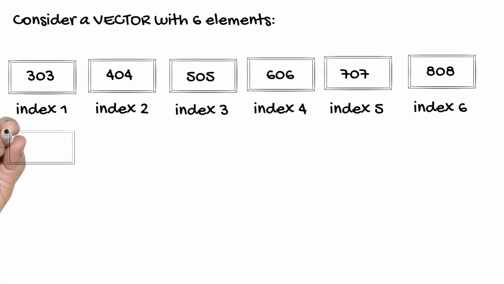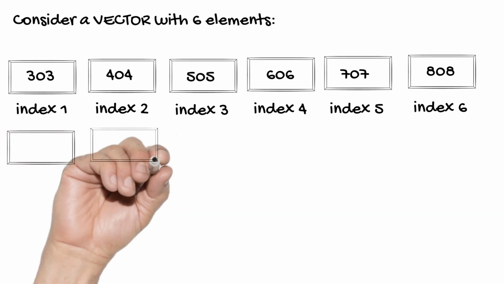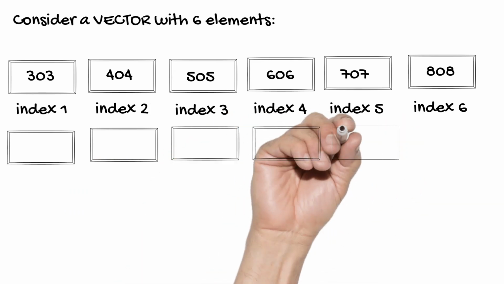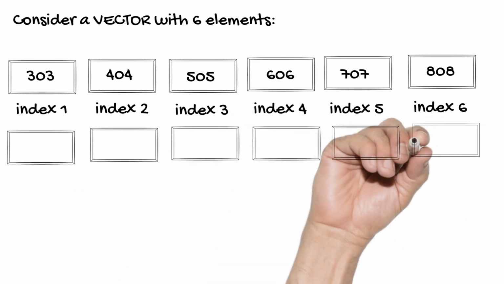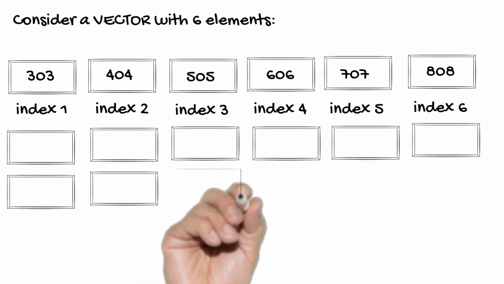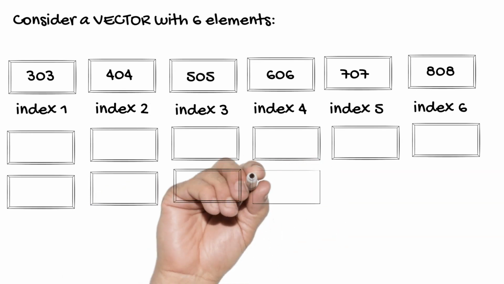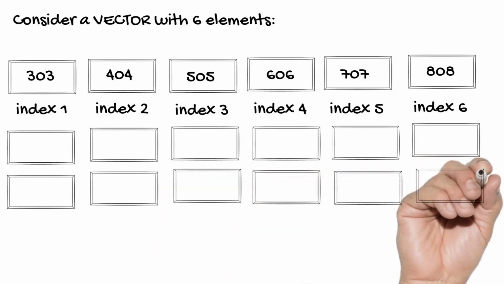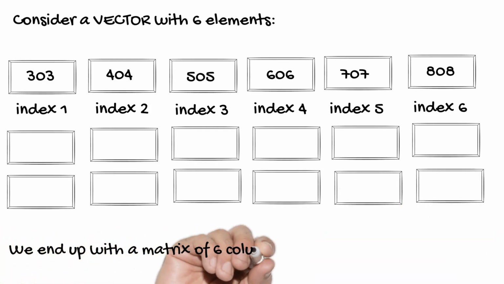After that, we'll add 2 more row vectors that are empty, and it's up to us to add data to the 2 new row vectors. We'll end up with a matrix that has 3 rows and 6 columns.